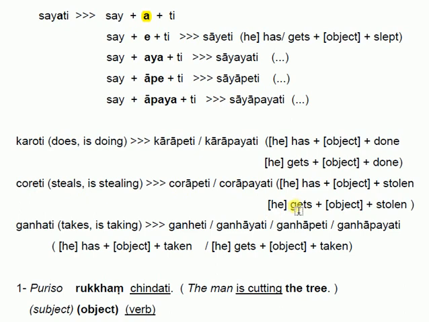Then he or she or they has plus object plus stolen, or he or she or they gets plus object plus stolen. And here ganhati, takes or is taking. Then we can make four causative verbs.